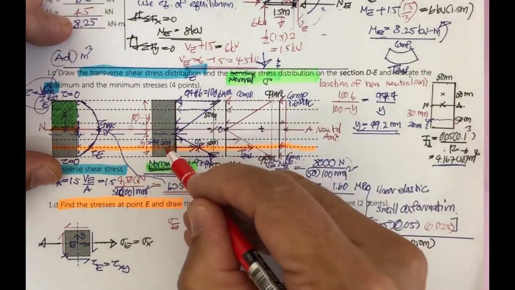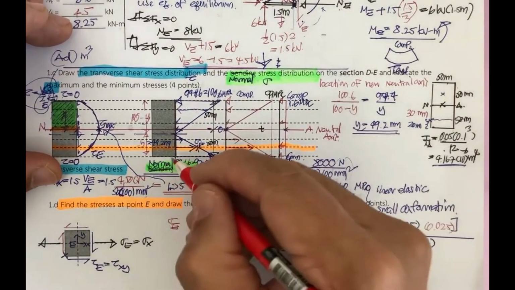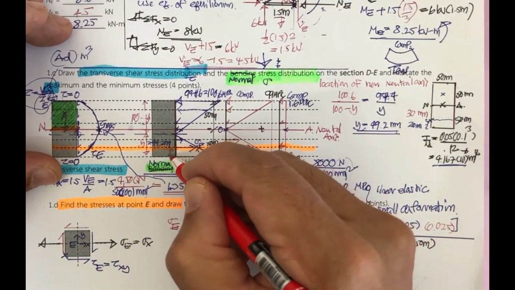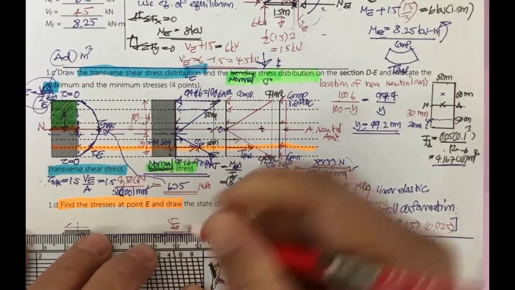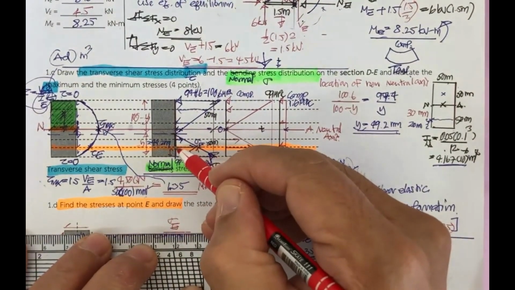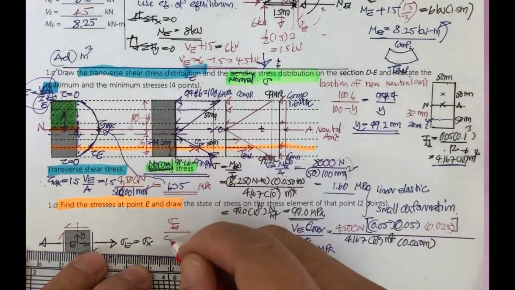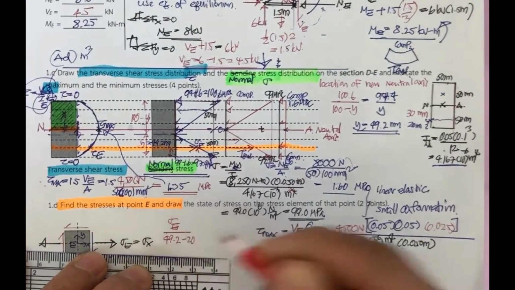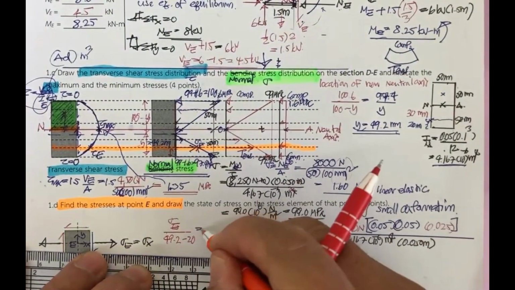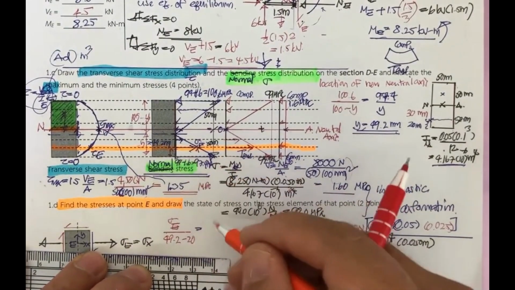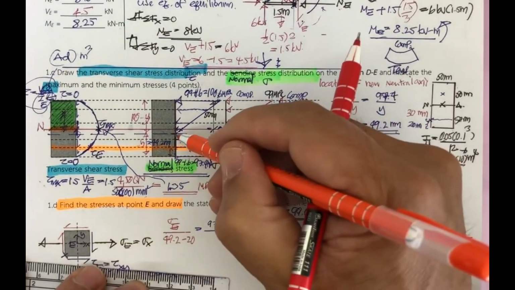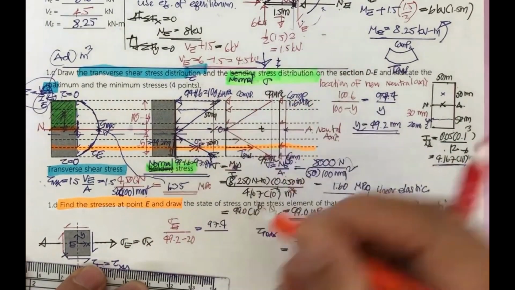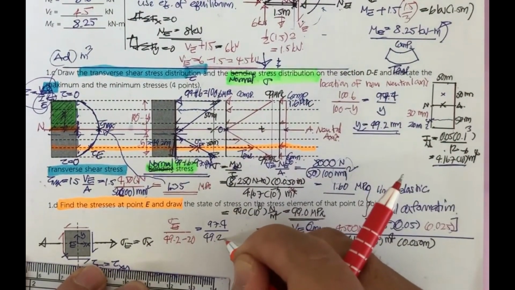This is 49.2, and this is going to be 20. So that is going to be the distance here and here, 49.2 minus 20. And that is going to be equal to this one, 97.4 divided by the whole length here of y, 49.2.